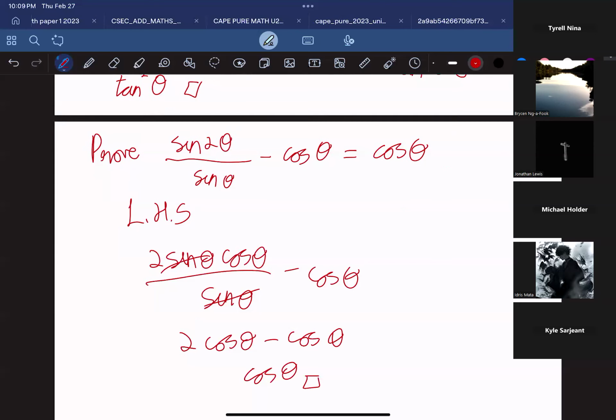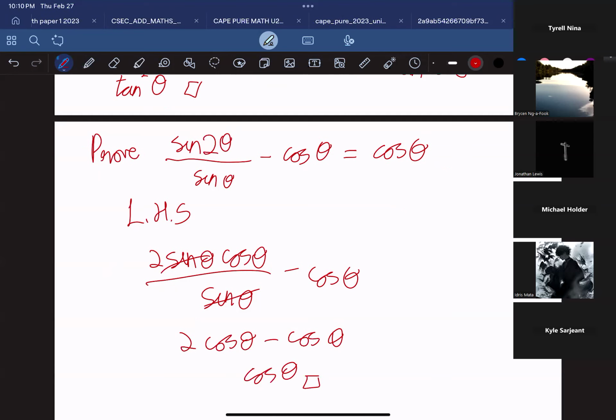Someone in the chat asks about sine squared theta, and I say no, it's sine 2 theta. They say I might have to invest in some penmanship lessons, and I admit probably, it does look like sine alpha theta.